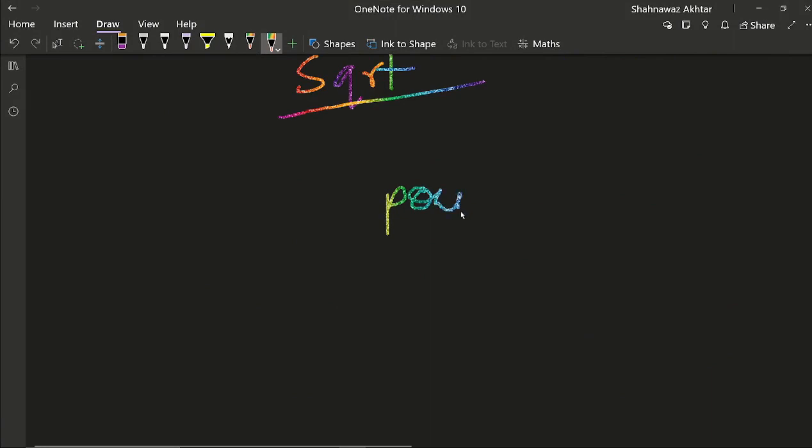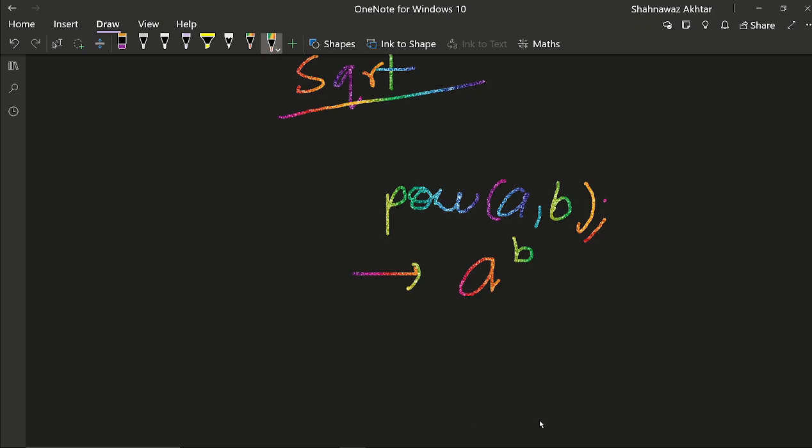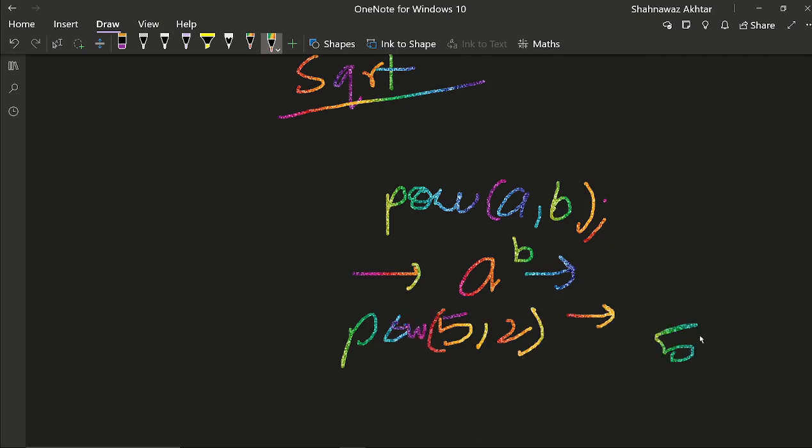If I write pow with A and B, it will give A raised to the power B. So if I write 5 comma 2, it will give 5 power 2, that is 25.